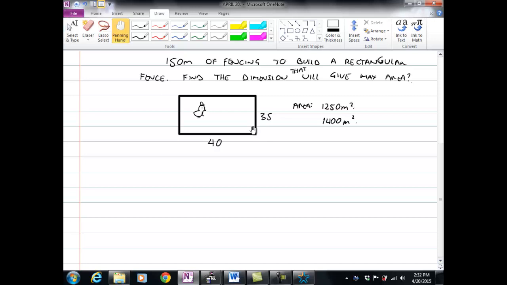It has to be 150 total. 37.6 and 37.4? Now the question is, does that give me 150 dead on? What's the area going to be? 1406. Can anyone beat 1406?